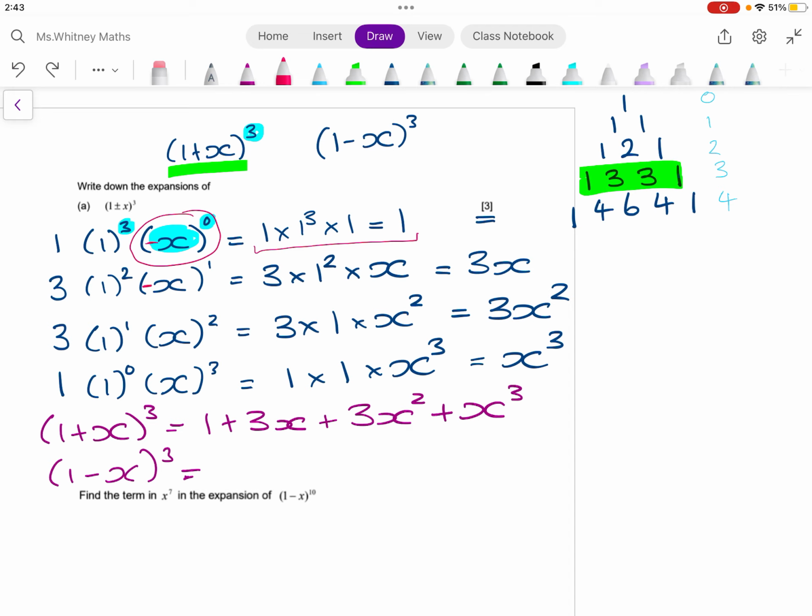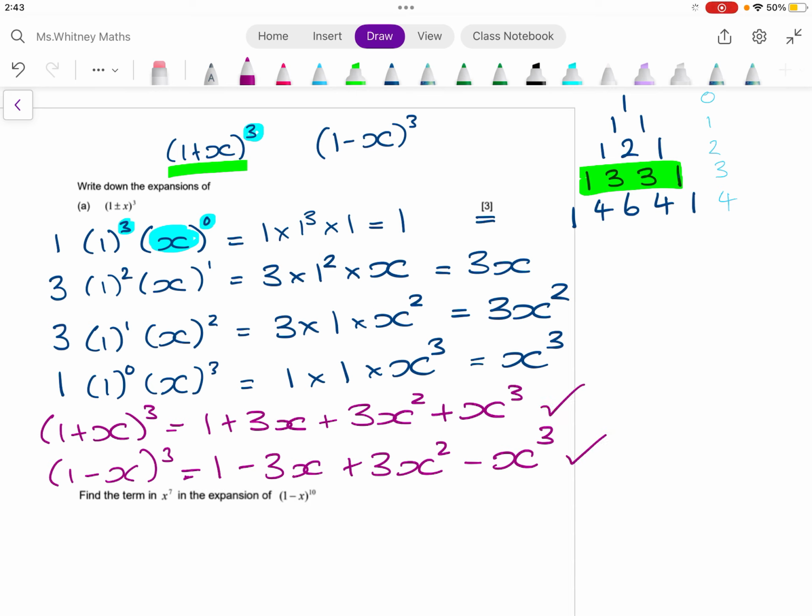So actually, my signs are going to alternate. So I can just assume this, because if I did this whole thing again, and you can do the whole thing again, but you don't always have the time. So I've alternated the sign: this is my plus x, this is my minus x. Okay, and that's it.